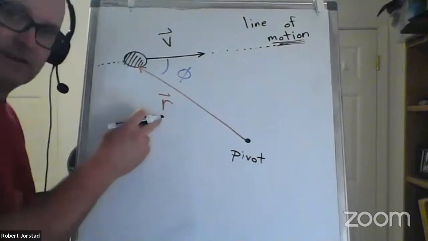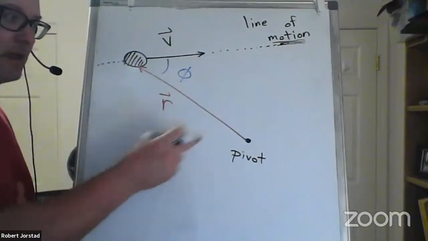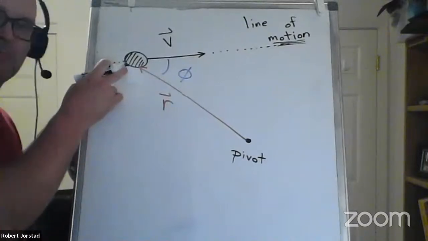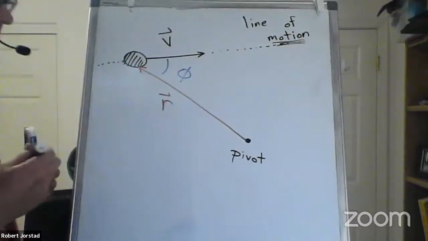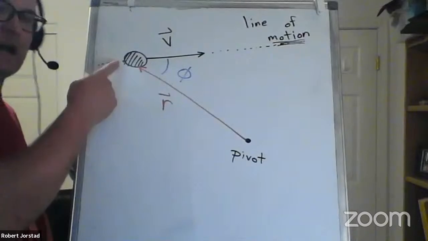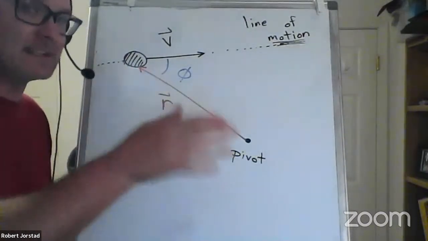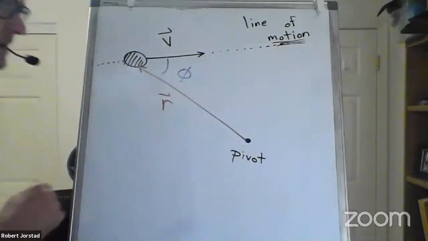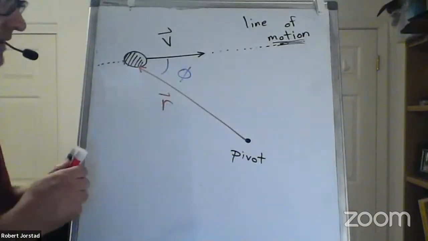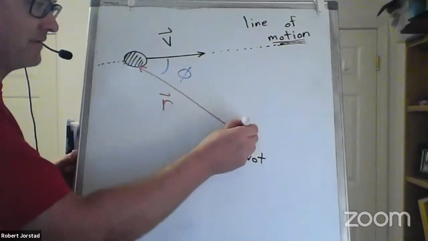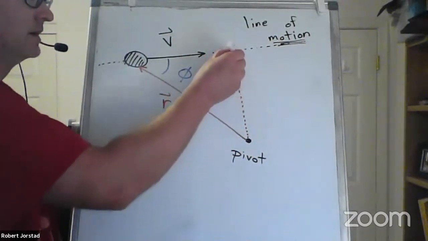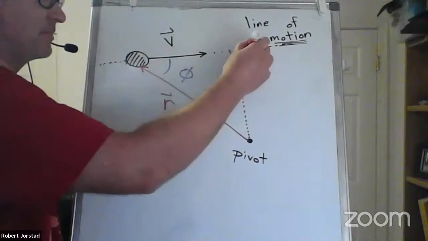The r vector, if you look, is defined the same way, from the pivot to the point of interest. Here, the point of interest is where the object is located. In the last chapter, it was where the force is applied. Very different. Now, it turns out we could do the same thing as before by creating the perpendicular bisector.